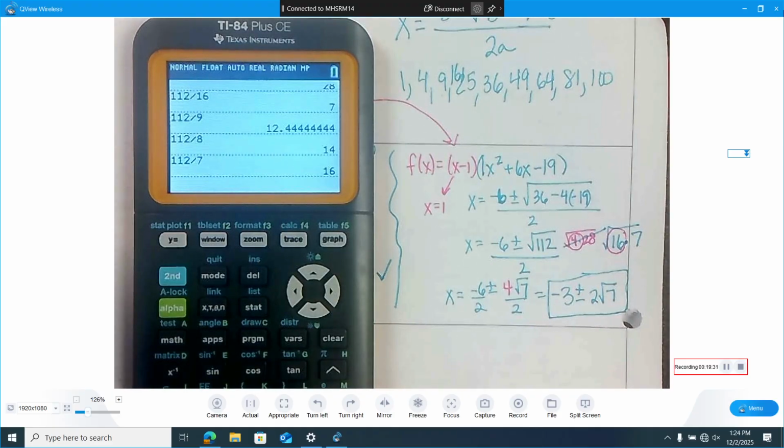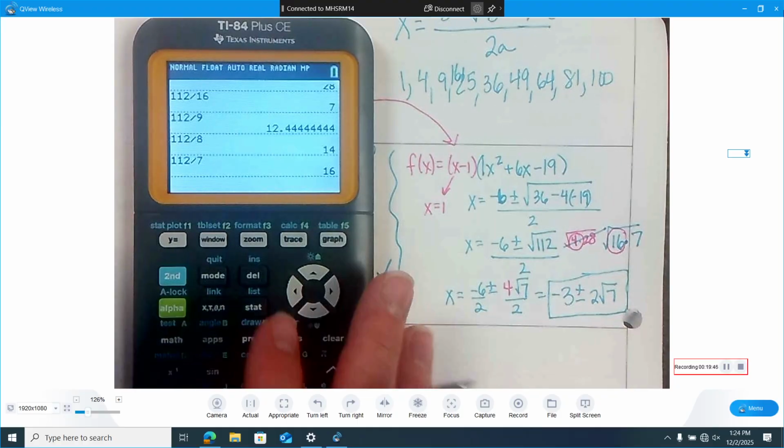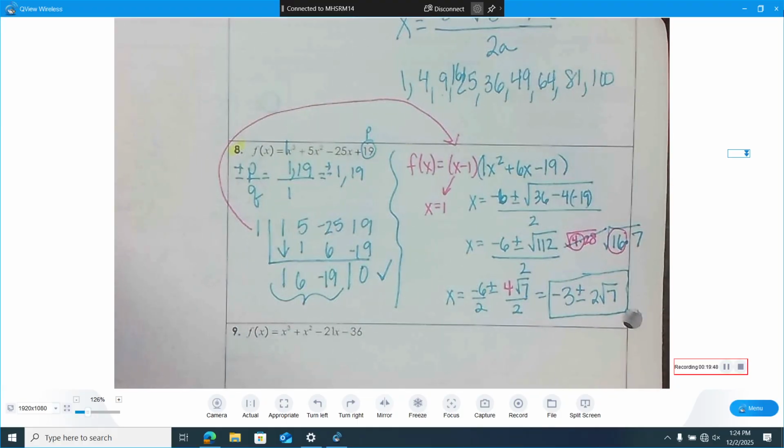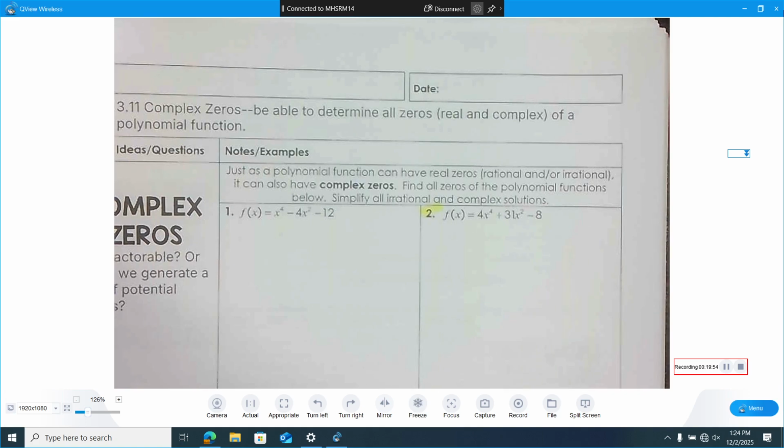Negative 3 plus 2 radical 7, and negative 3 minus 2 radical 7. That's a lot of work. Well, so, no, because we have also not only rational and irrational answers, but we're going to turn the page. Complex zeros. I don't want to do all of these.